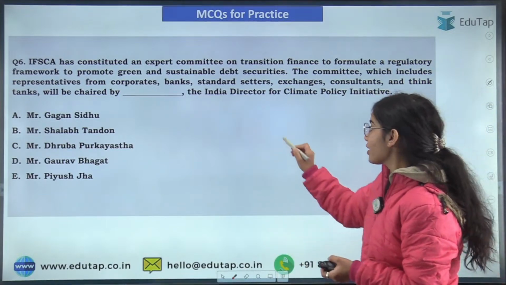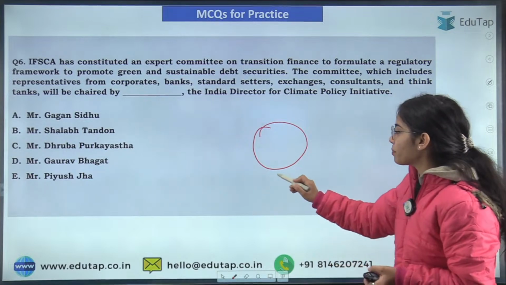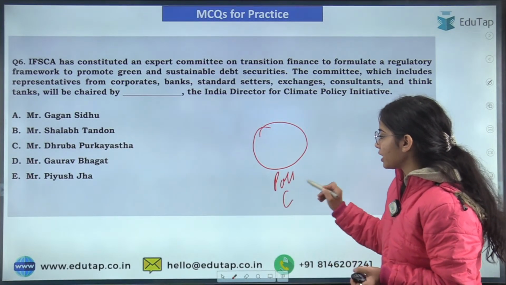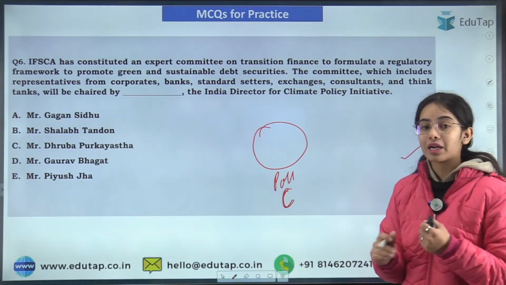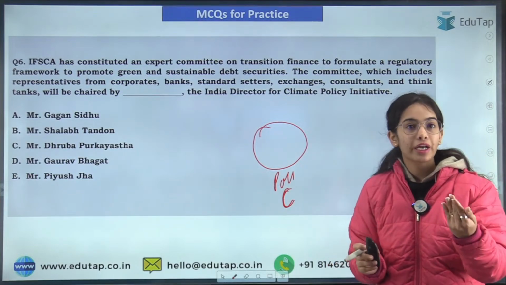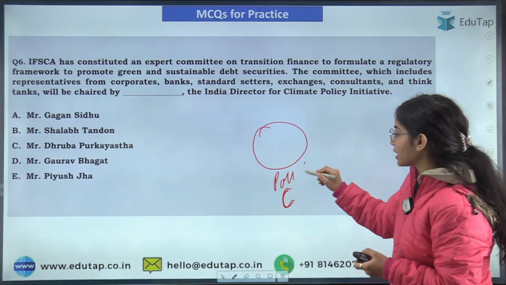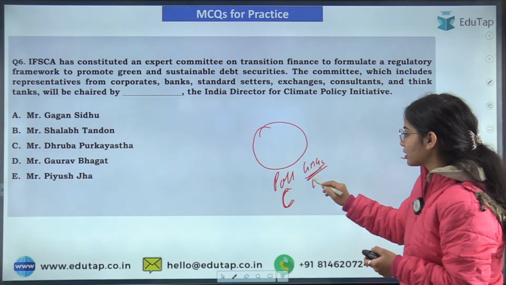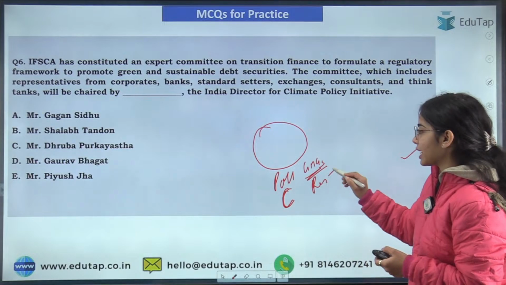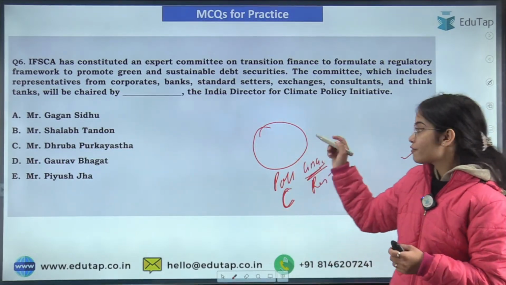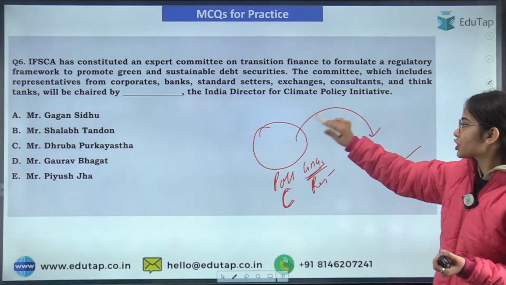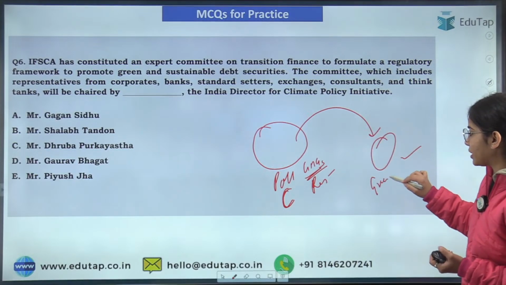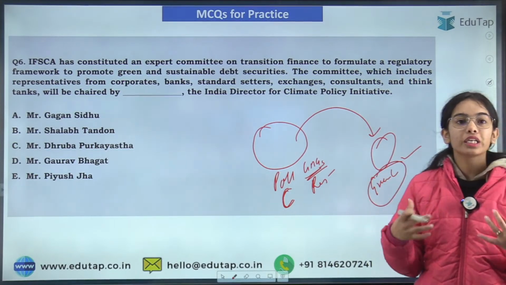Transition finance means you are transitioning from a polluting company, one that is releasing greenhouse gases or leaving residue in the water, to a green company that is not polluting the environment much.